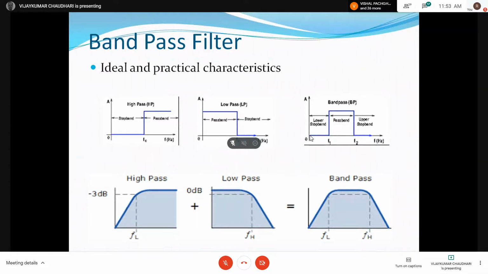This is low pass and this one is high pass. So this is stop band, this is stop band, and this is pass band. In practice such strict cutoff frequencies will not be possible. So this is high pass with this cutoff frequency, low pass with this cutoff frequency, and combined, this will be FL and FH, right?